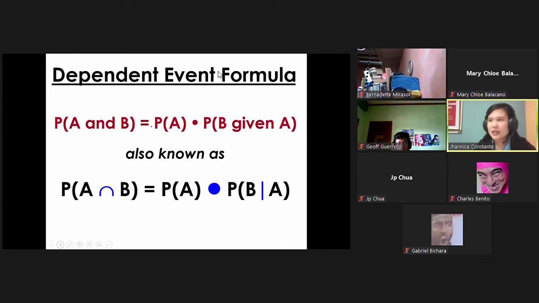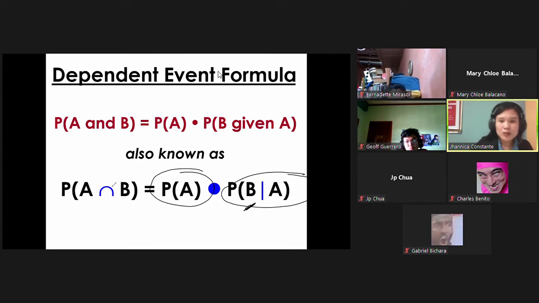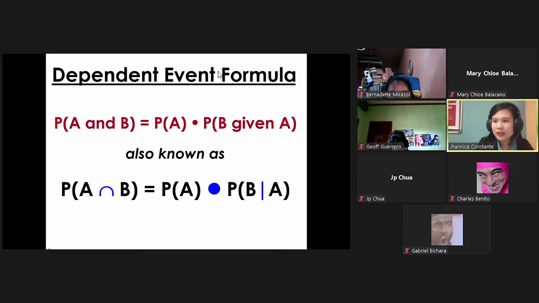As you can see, it is the same, finding the product, but this second probability is being changed based on the probability of your first event. Okay? So nagbago yung probability when it comes to the dependent event.